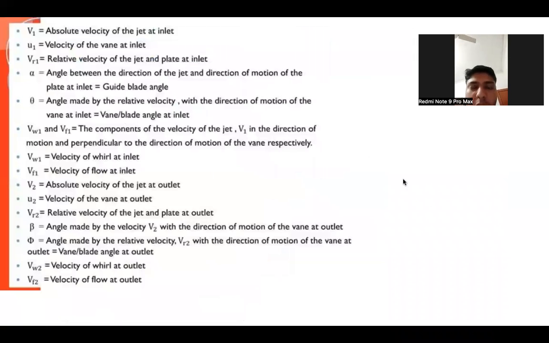Theta is the angle of the blade, and as it is unsymmetrical, we are taking two angles, theta and phi. Theta is the angle at the inlet, and phi is at the outlet. Alpha is the angle made by the actual velocity of the jet and the velocity of the blade, and beta is the angle between the actual velocity of the water at the exit and the velocity of the blade. Next slide.